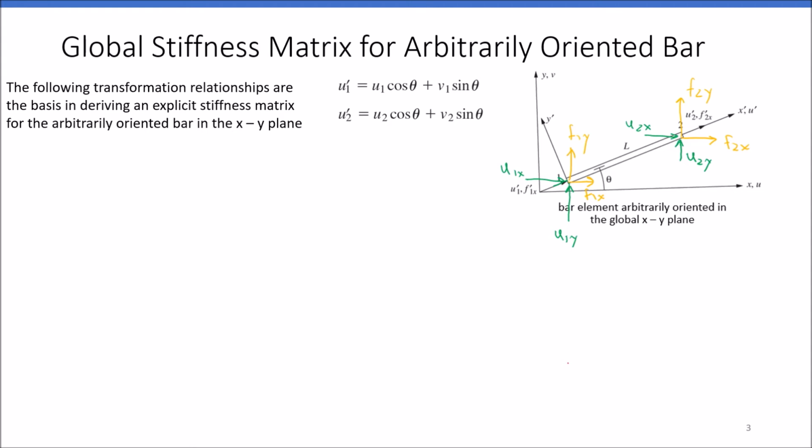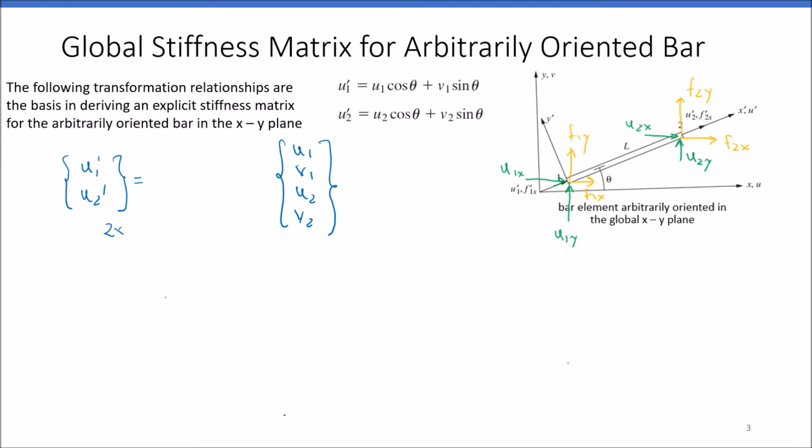So if I want to write these two equations in matrix form to relate the local nodal displacements to the global displacements, I would be writing it as u1 prime, u2 prime related to, now I have four components in the global direction. So I have u1, v1, u2, and v2.